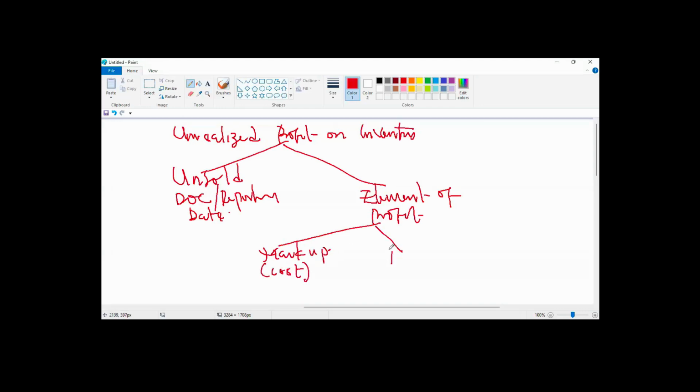Two, margin, which is on sales. Then the one where we apply formula. These are the three ways. These two must be established. If there is an element of profit but there is no unsold inventory, the goods were sold, so no adjustment. If there is unsold inventory but there's no element of profit, no adjustment.